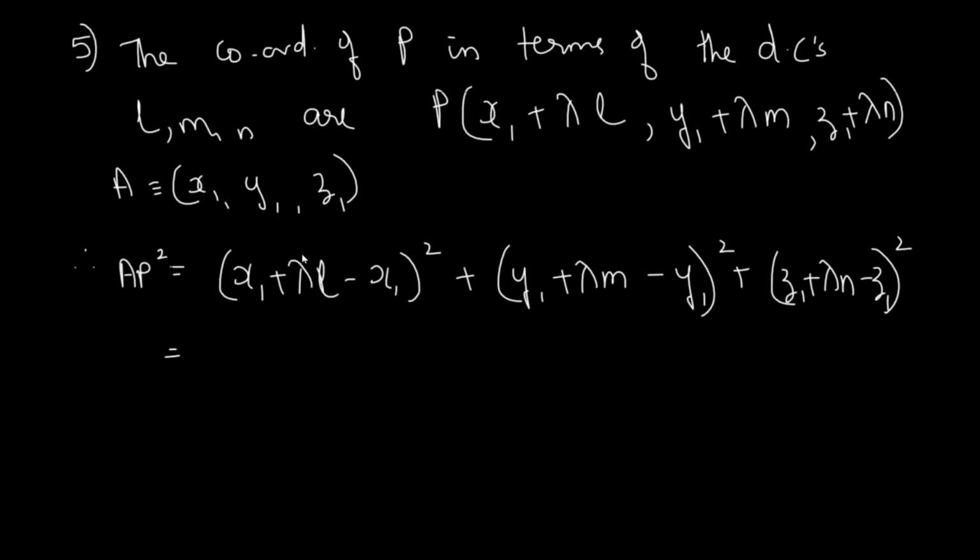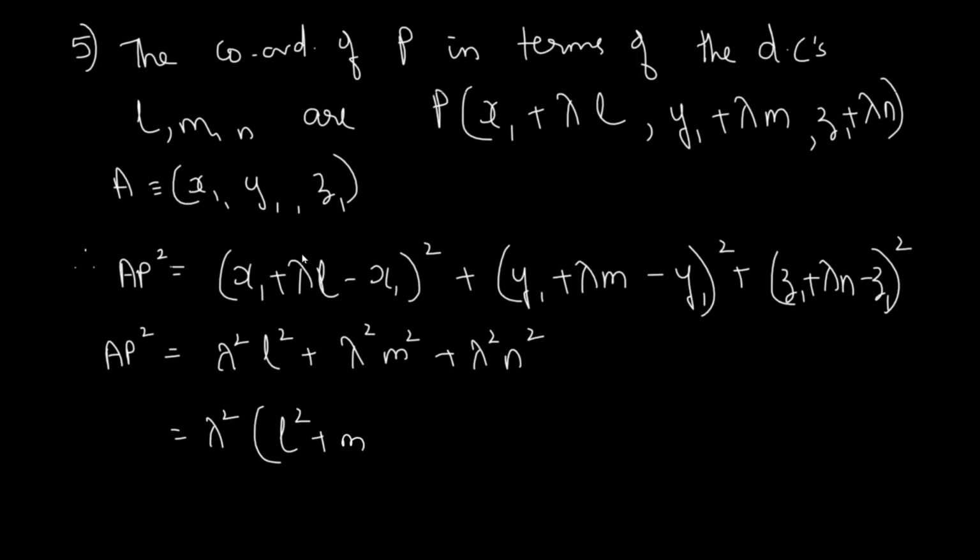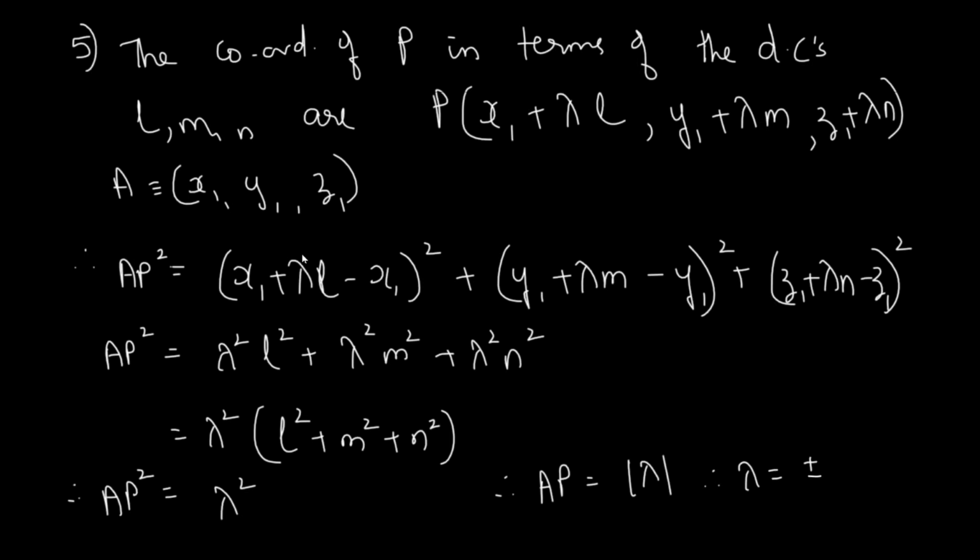As you can see, x1, y1 and z1 get cancelled, and therefore AP square becomes lambda square L square plus lambda square M square plus lambda square N square. We take lambda square common, we get L square plus M square plus N square, and we know that L square plus M square plus N square is 1. So AP square becomes lambda square, and therefore AP is equal to mod lambda, and lambda is equal to plus or minus AP.